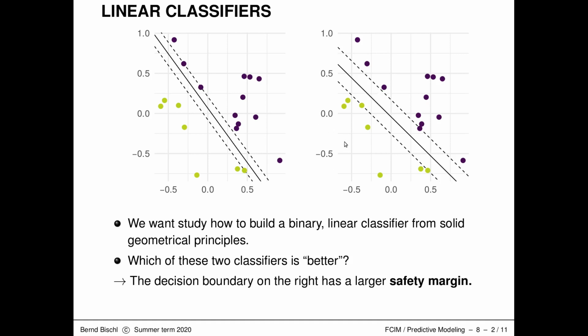The smaller this safety margin is, the more likely it seems that we might accidentally misclassify a point. So how about using this as a mathematical criterion and trying to figure out whether we can actually compute this optimal hyperplane based on this maximal margin principle? That's actually not too difficult, and I'll show this in the next 10 slides.